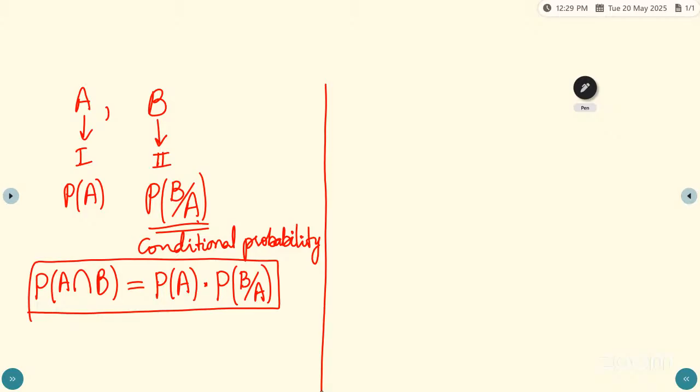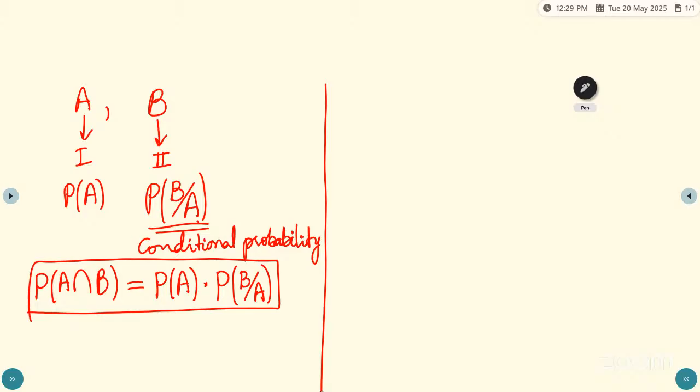If two events are there, two trials, three, 4, 5, n trials. Okay. Write down independent events.